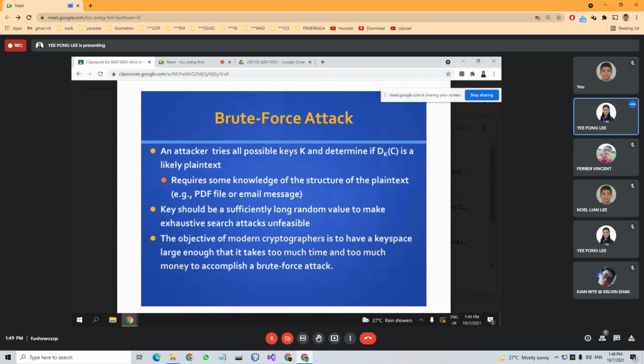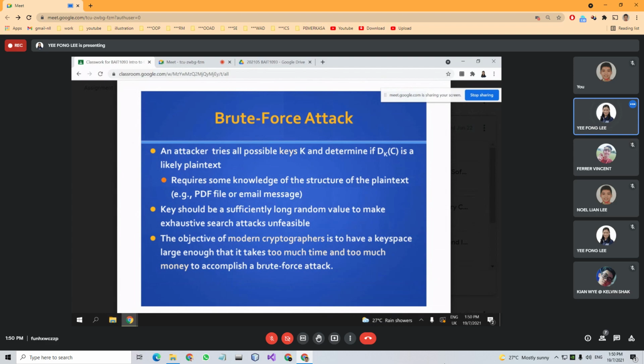Brute force attack: try all possible keys. Key space here means all possible keys. The key space shall be large enough so that it will not be easy to accomplish the task in less time.